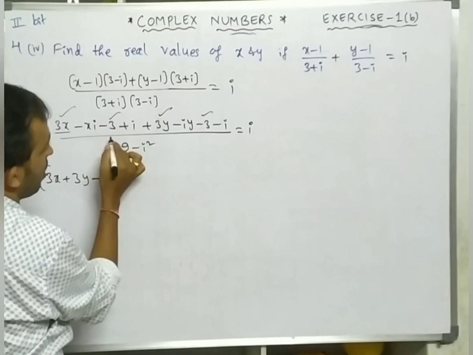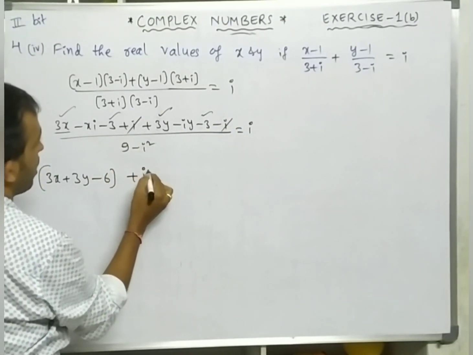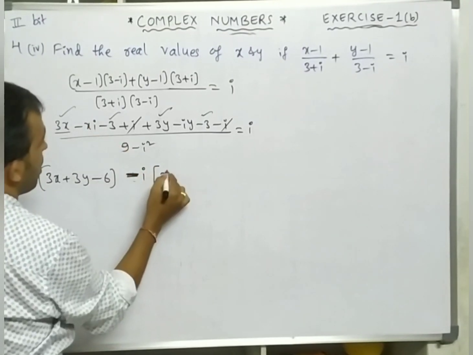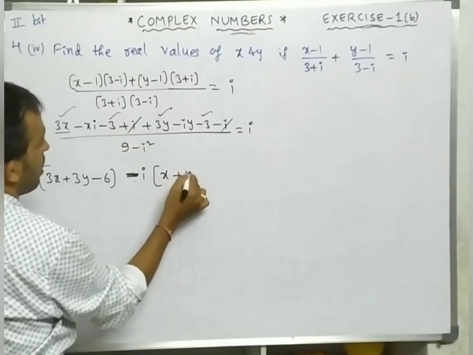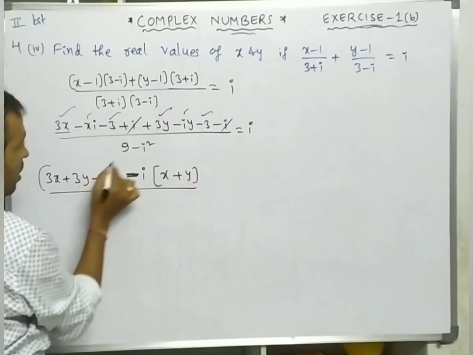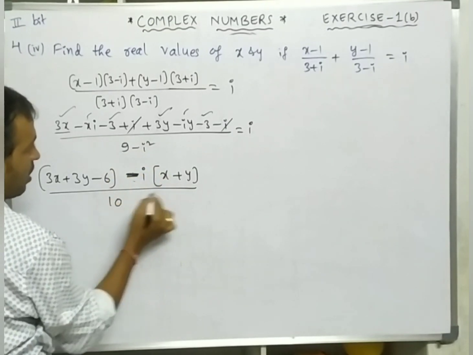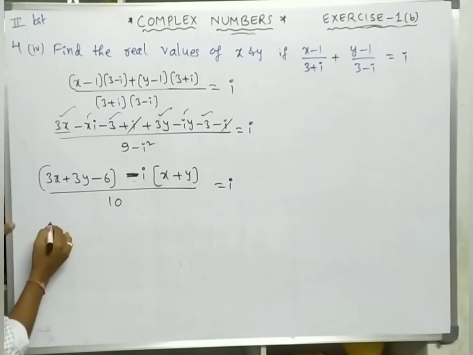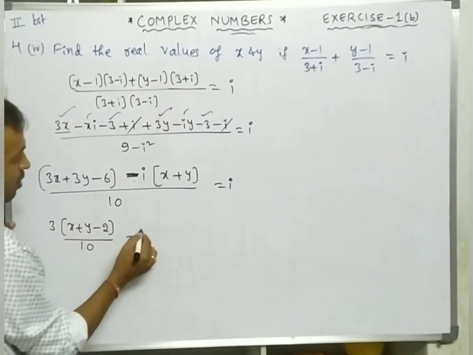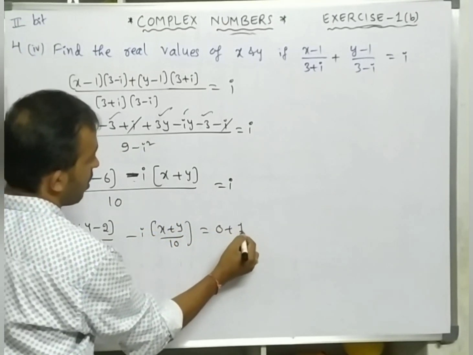Next imaginary parts, i gets cancelled, so taking i as common, minus i taking as common, what is remaining? x plus y. All are divided by 9 minus i square, which is 9 plus 1, 10, is equal to i. So 3 is common, (x plus y minus 2) by 10 minus i into (x plus y) by 10 is equal to 0 plus 1 into i.